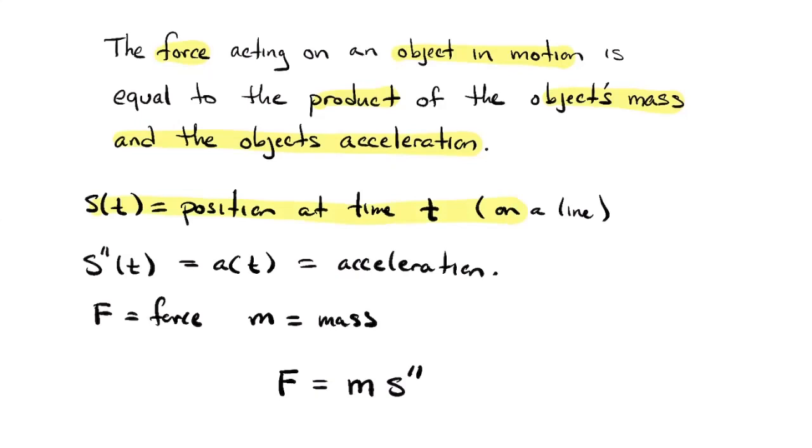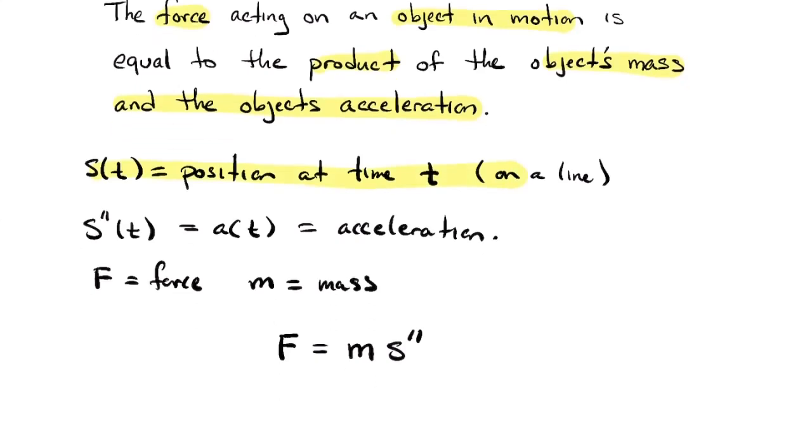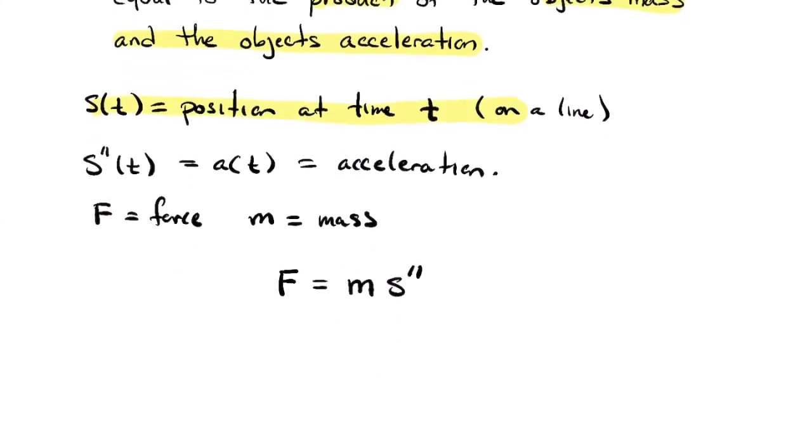All right? And you might say, well, how would I possibly know the force on this object in motion? Well, in certain circumstances, you do. Like, for example, if the motion is just falling on Earth, then the acceleration is a constant.